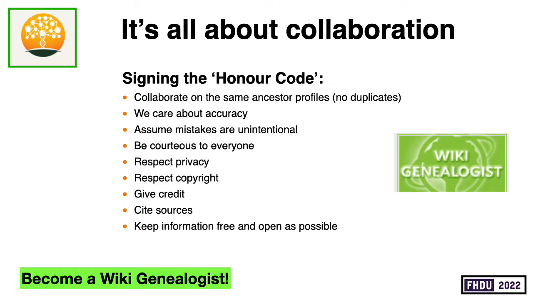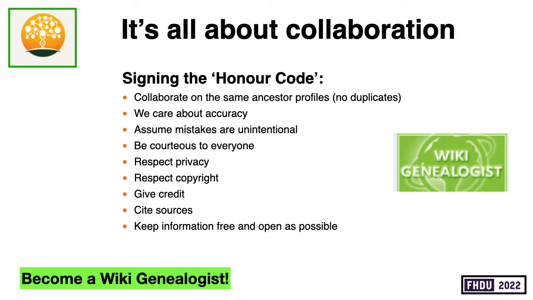It's about collaboration, and one of the key things is that we want one single profile for every person, so that we have no duplicates. That means that nobody really owns their ancestor, and we need to share information and manage them in a collaborative way.